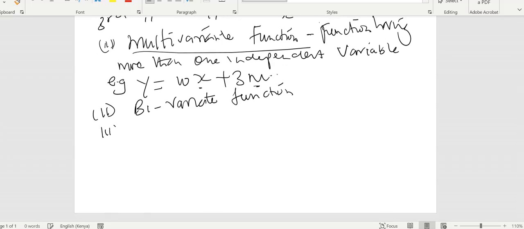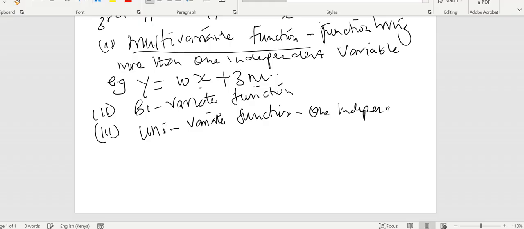Roman 3, another function is what we call univariate. Un means one. Univariate function is a function with one independent variable. One independent variable.